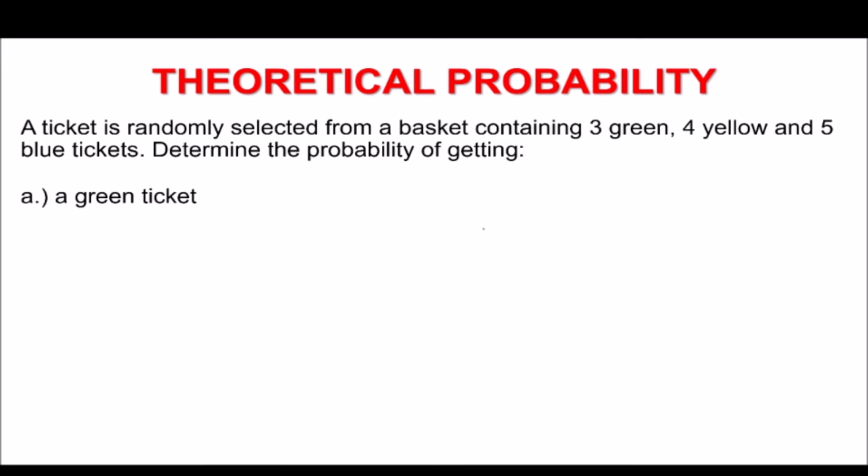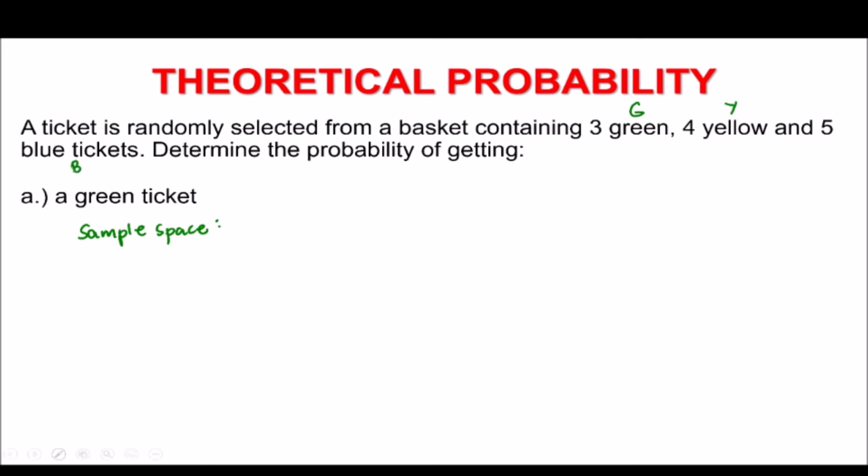So our sample space will be all the tickets in the basket. I will use G to denote green, Y to denote yellow, and B to denote blue.